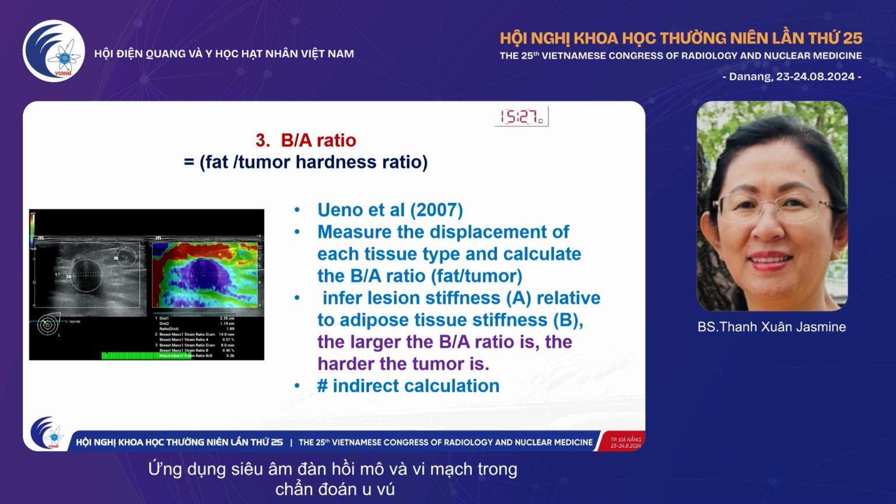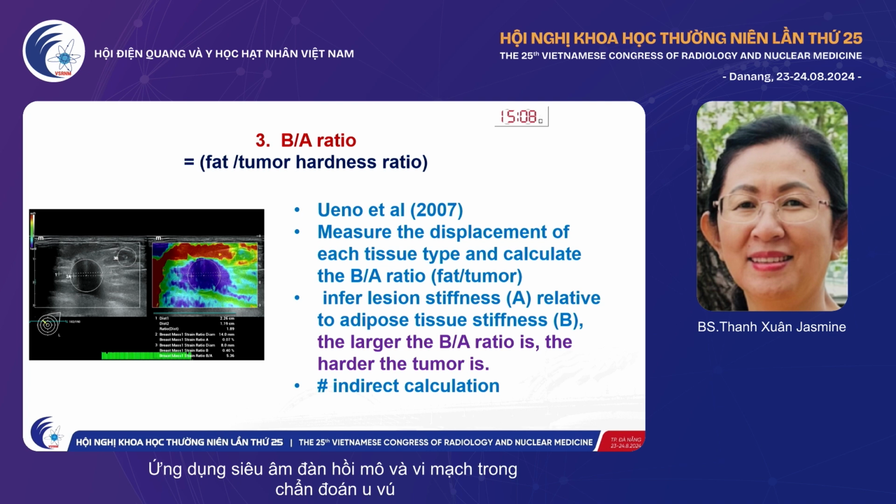The third is the BA ratio. This ratio was researched by Ueno et al. in 2007. We are able to measure the displacement of each tissue type and thereby calculate the BA ratio, which is the ratio of the hardness of the tumor to fat.